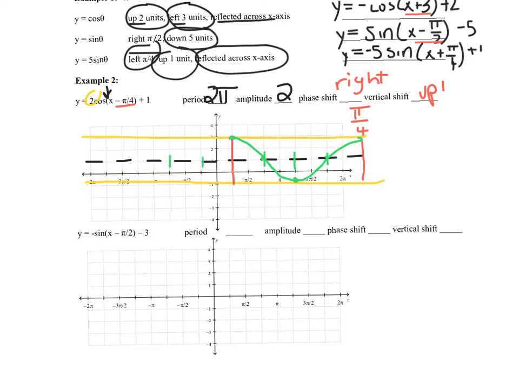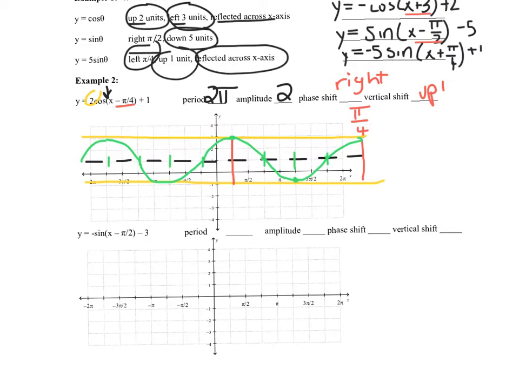So I have a mark every other one. So it's going to be max, 0, min, 0, max, 0. So there's my graph. Instead of starting right here, I have moved it right pi over 4 and up 2, and it was cosine that was positive, so I'm starting up here.